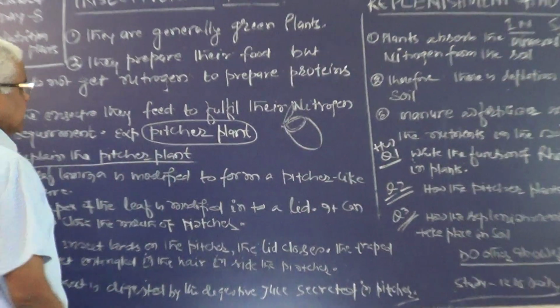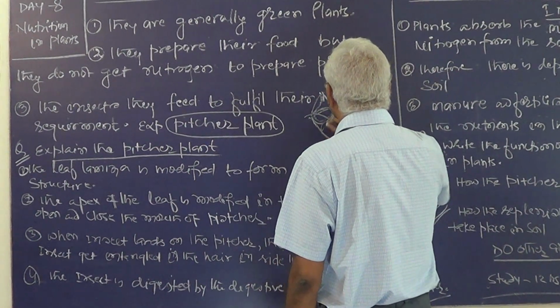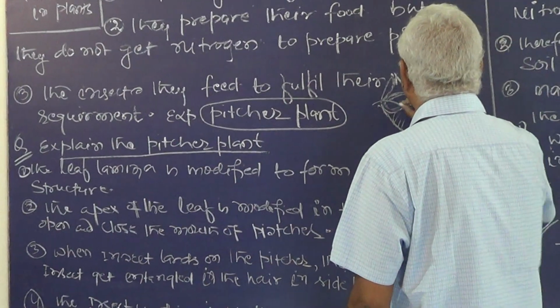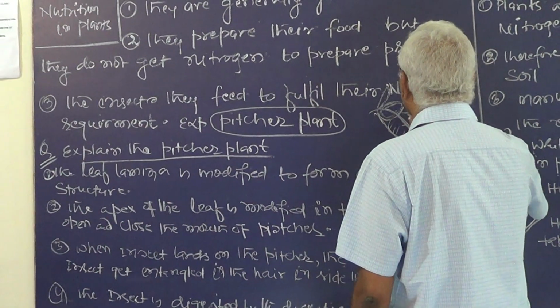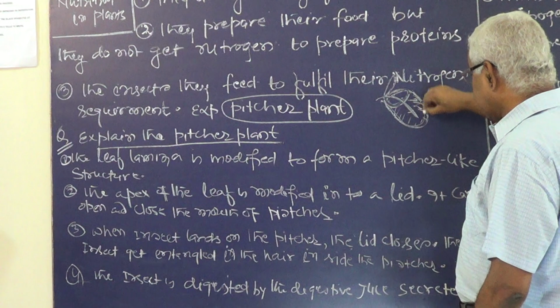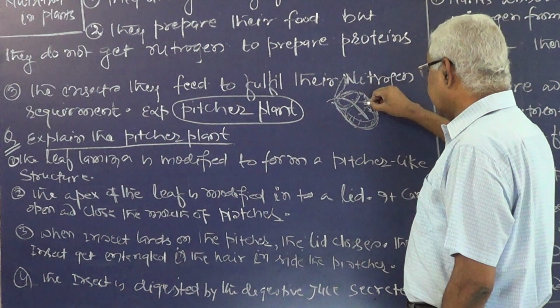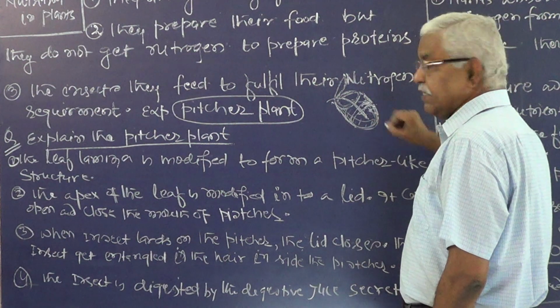Children, you have seen that the insect was trapped. There is a small hair inside, and when the insect comes, it gets trapped, and the wall of the pitcher plant will secrete the juice, and the insect will be digested by that.